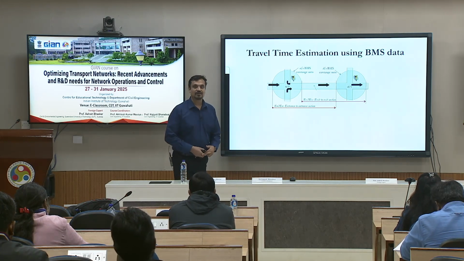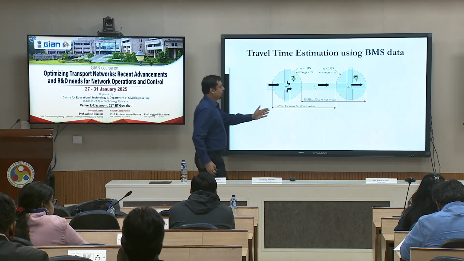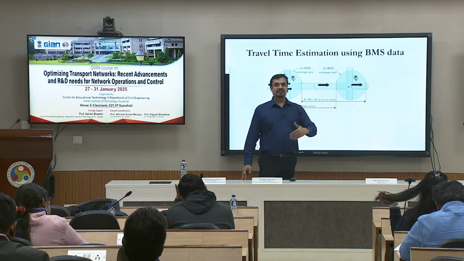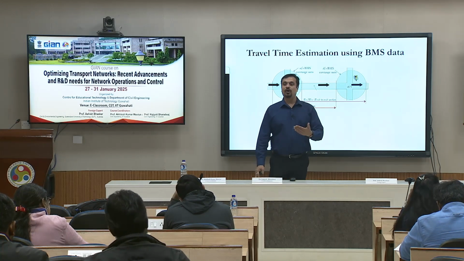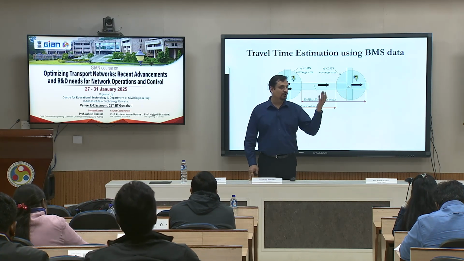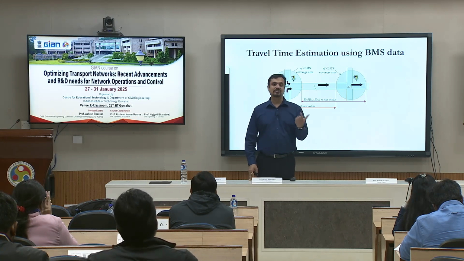Does it make sense? So basically what you will get is a travel time, and the delay will be the travel time minus the free flow travel time. So under normal conditions, how long does it take? If it takes only 1 minute if there was no delay, no queue, and it has taken you 3 minutes, it means that 2 minutes was the additional delay.